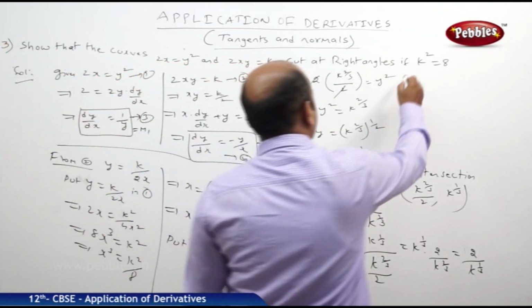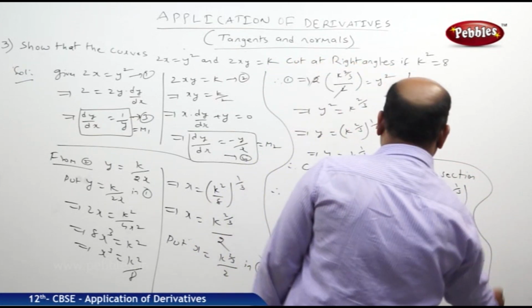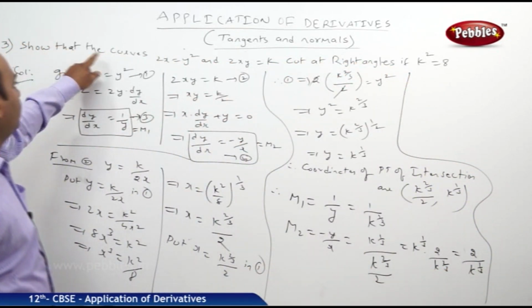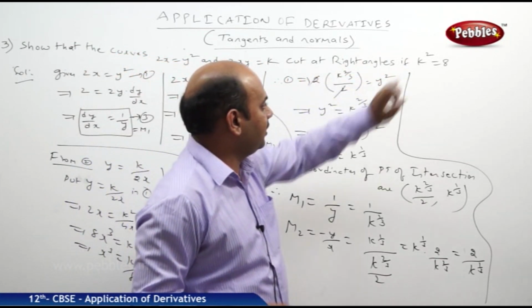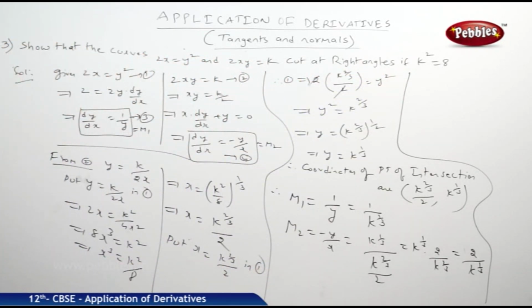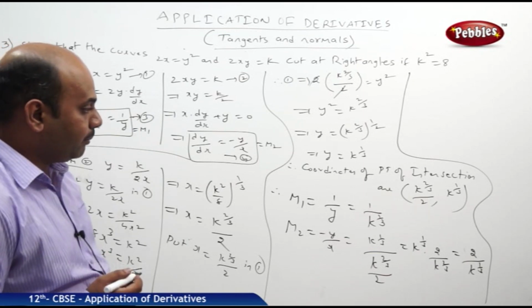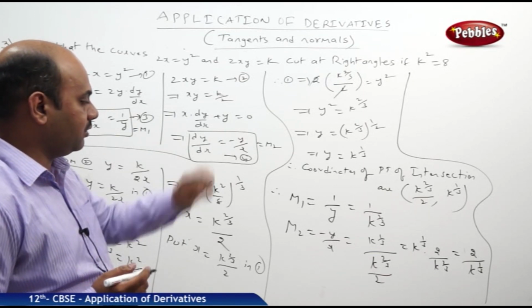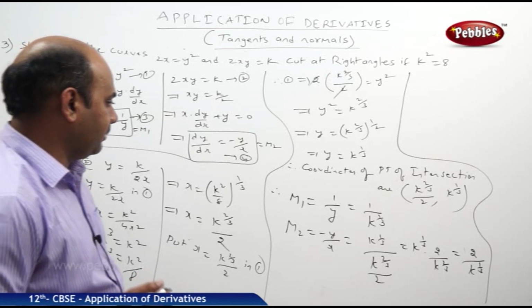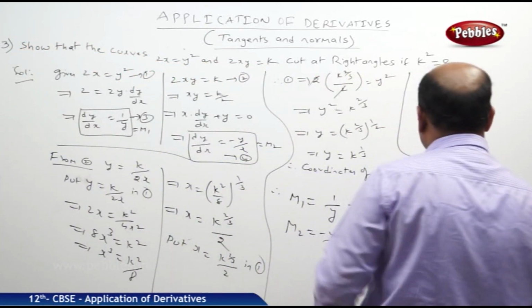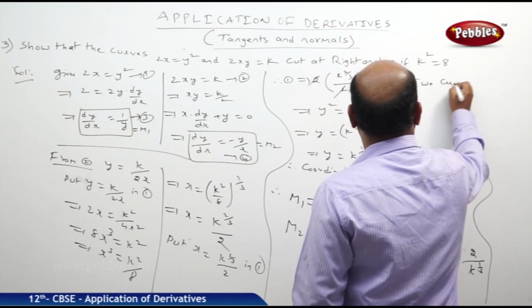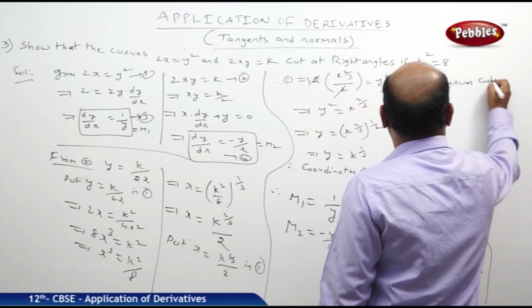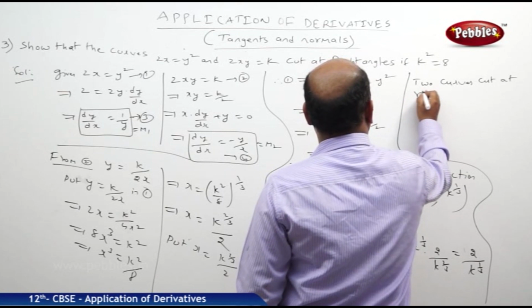Now, here it is given, we need to show two curves cut each other at right angles if k square is equal to 8. That means finally my target is to show k square is equal to 8. So, what happens? Two curves cut each other at right angles means two curves cut at right angles.